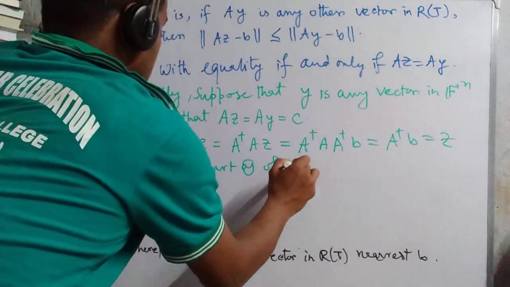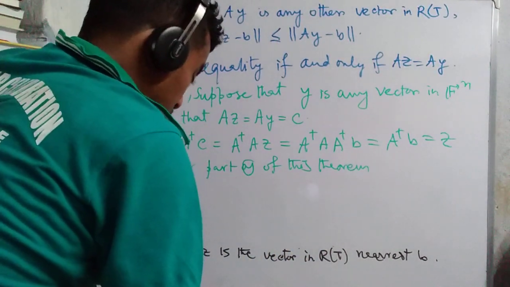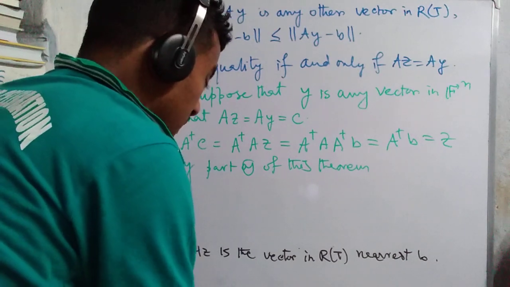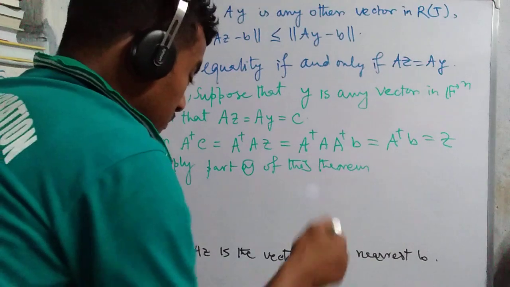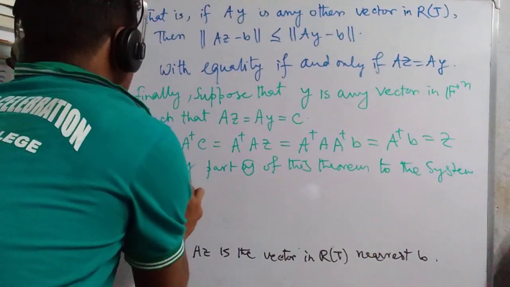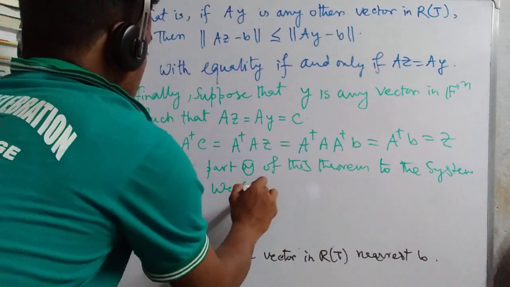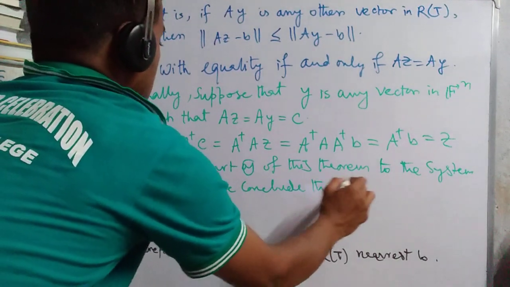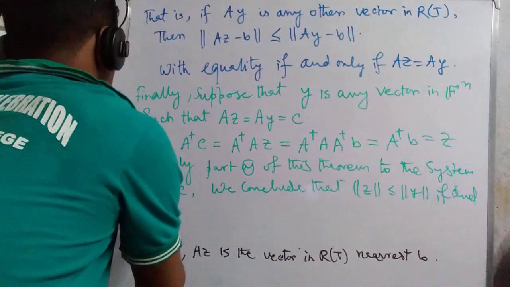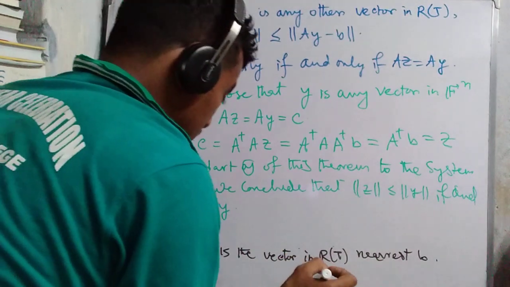Because Z equal to A dagger C, here Z equal to A dagger B is what we considered, but here we considered Z equal to A dagger C. Then part A of this theorem to the system Ax equal to C, not B, because A dagger C equal to Z. Then we conclude that similar way norm Z less than equal to norm Y if and only if Z equal to Y. Understood? Not a problem at all.